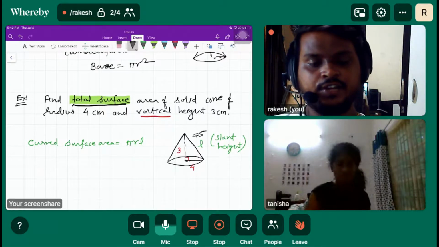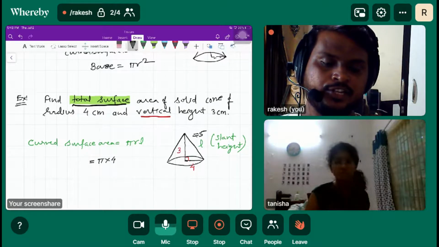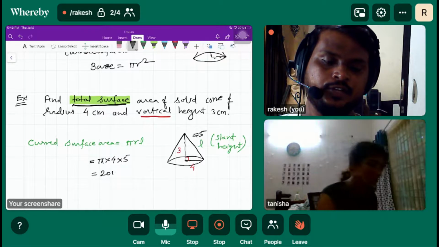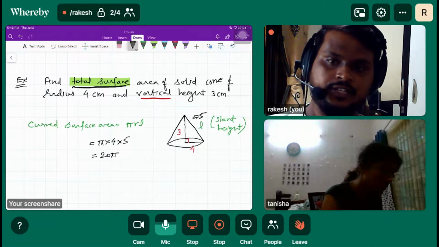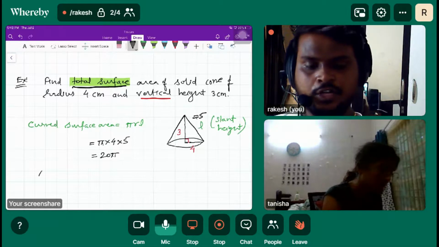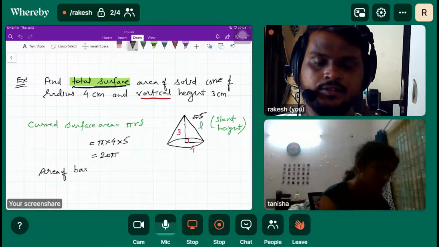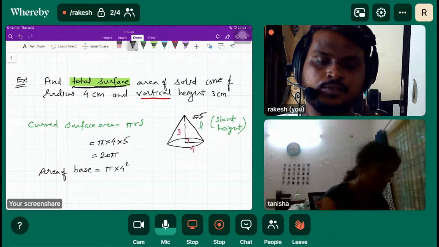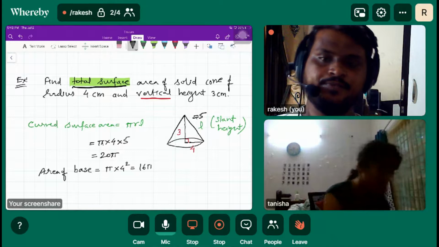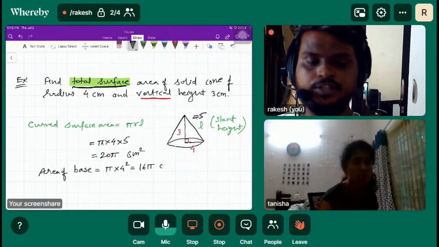So now we can directly apply the formula. Pi into radius 4 into slant length 5, so 20 pi. We always calculate at the end. Now the area of the base is pi r square, so pi into 4 square, which is 16 pi. Don't forget to write the units.